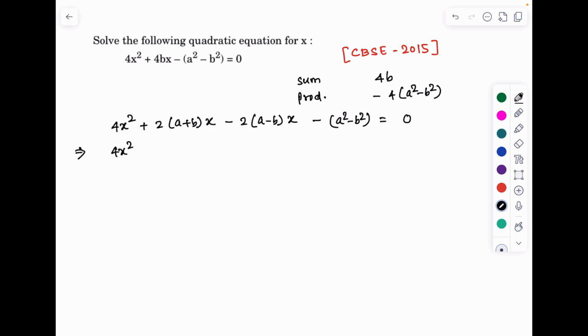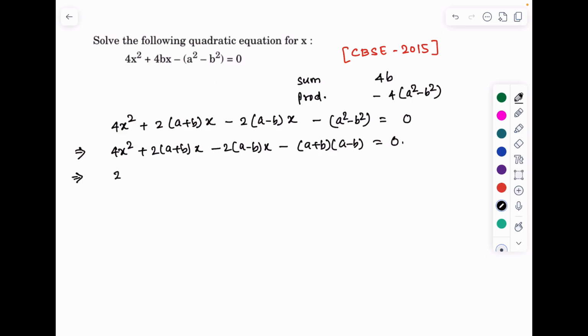Or we can write it as, now you can solve it. 4x square plus 2 times a plus b into x minus 2 times a minus b into x minus a plus b into a minus b is equal to 0.